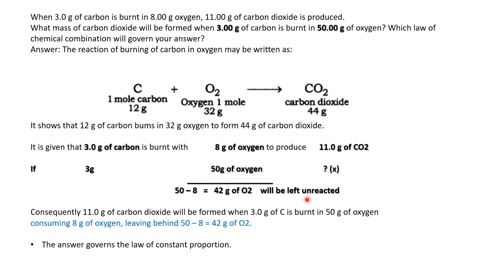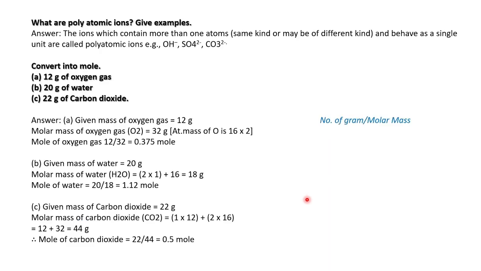Okay. Next question. What are polyatomic ions? Give examples. The ions which contain more than one atom, of the same kind or maybe different kinds, and behave as a single unit are called polyatomic ions.